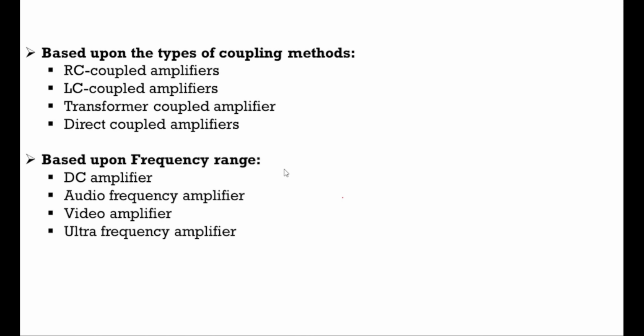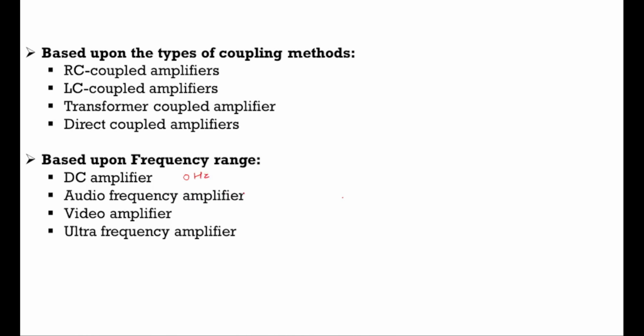On the basis of frequency range, an amplifier can be categorized as a DC amplifier, audio frequency amplifier, video amplifier, and ultra high frequency amplifier. A DC amplifier amplifies the signal with zero frequency.